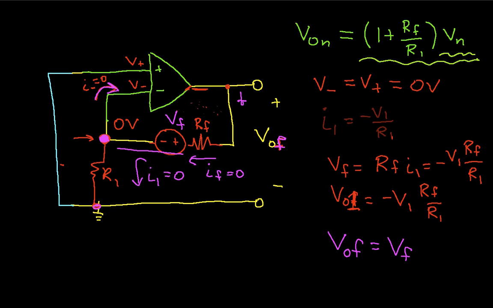The noise at the output of the op-amp due to R1 is given by this expression, and this is equal to minus V1, where V1 is the RMS noise generated by R1, times the ratio RF over R1. And finally, the output due to the noise generated by RF is just VF. It has a gain of 1.